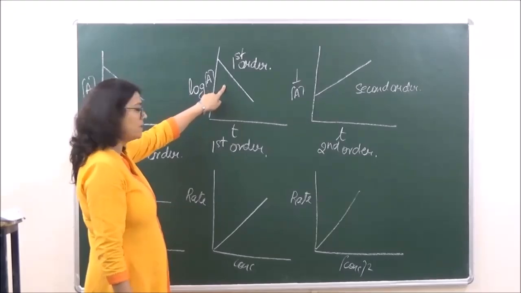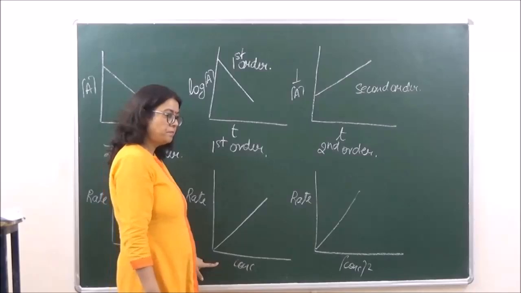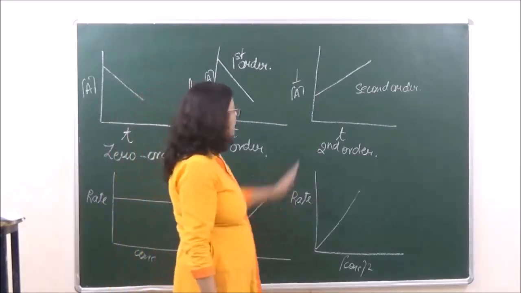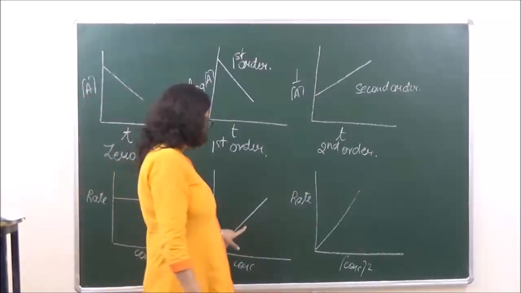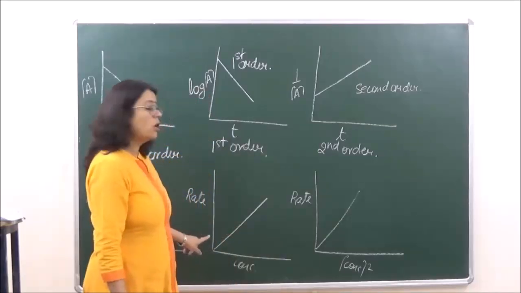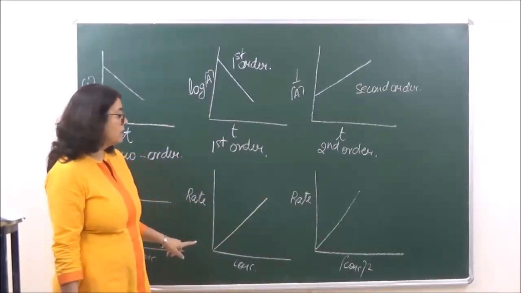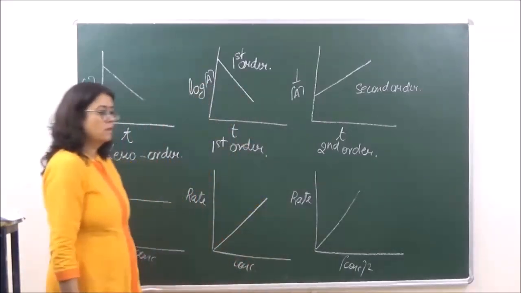The graph is coming inverse, and over here it is coming as a straight line. So this also you can compare. The only thing is this graph and this graph are absolutely similar. So in a hurry, please do not mark the wrong option. Please look at what is given at the x-axis.